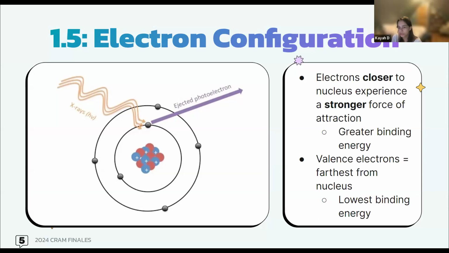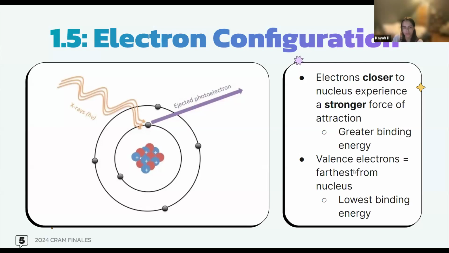So if you're trying to remove an electron that is the closest to the nucleus versus one that's further away, the energy required to remove the electron very close to the nucleus is going to be significantly more. So the further away, the lower the binding energy. And remember, your valence electrons, which are the farthest from the nucleus, have the most force of attraction exerted on them.